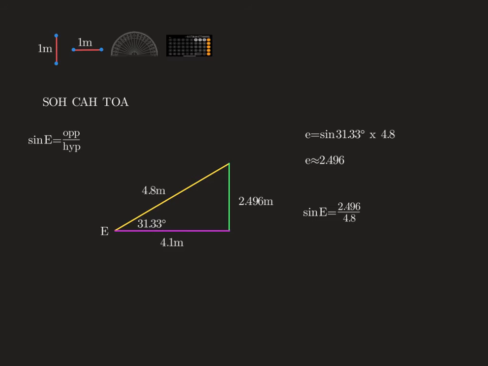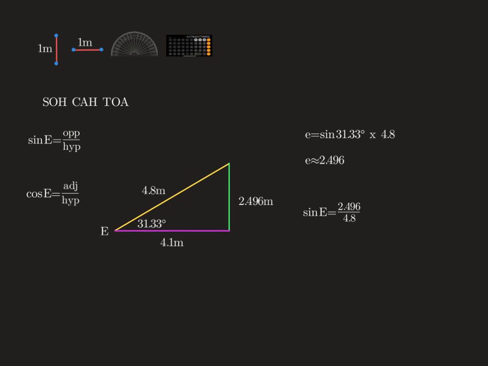And we also did the cosine. Cosine of that angle was equal to the adjacent side divided by the hypotenuse. That's the SO and the CAH part of SOH CAH TOA. Now the TOA part is the easiest of all of them. As long as this side is on the ground, if you place this side on the ground and the ramp goes up, the tangent is just the slope of this ramp.